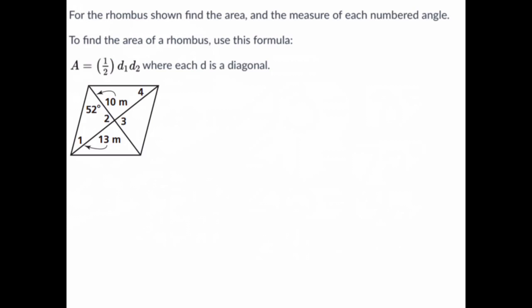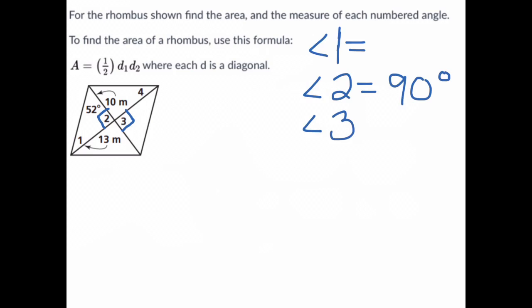For our next question, they've given us a rhombus, and they want us to find the area and the measure of each numbered angle. Remember that rhombuses always have diagonals that are perpendicular, so angle 2 and angle 3 are both 90 degrees.